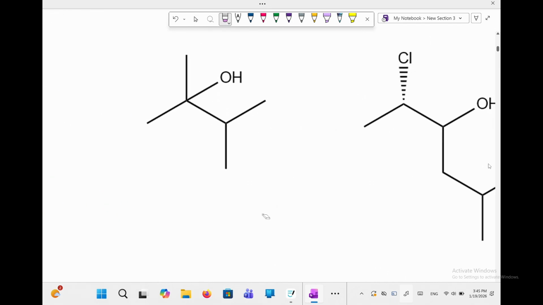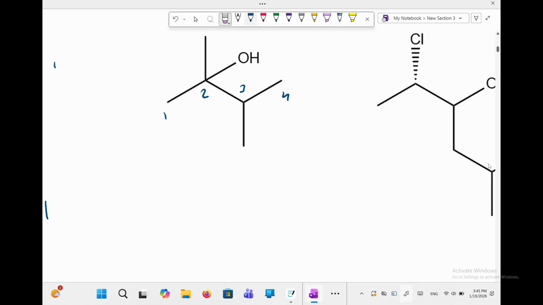Now, this one here, we always want to number the alkyl chain so that the alcohol is on the lowest number. So it's going to be 1, 2, 3, 4 instead of the other way around, because the alcohol is highest priority here.